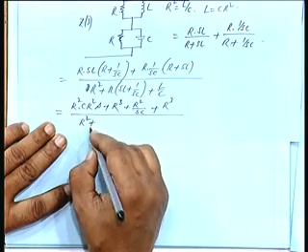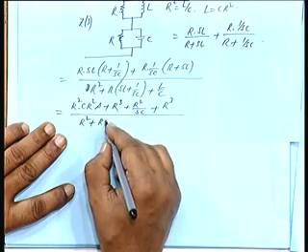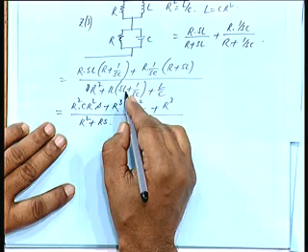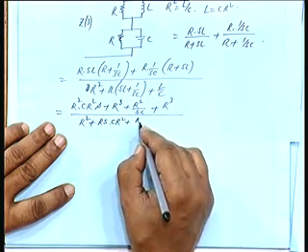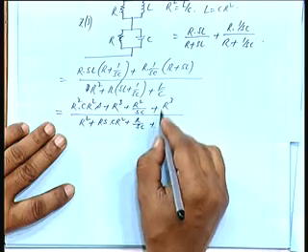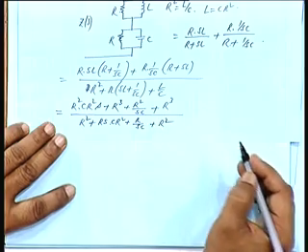Again R squared plus R S into L is C R squared plus R by SC plus R squared. Okay.